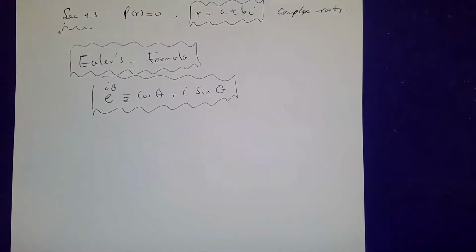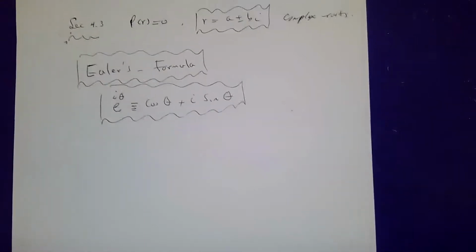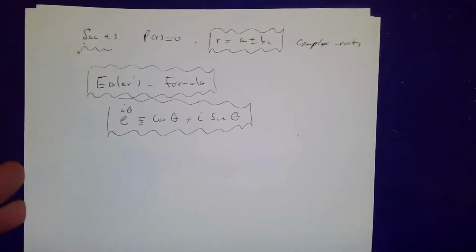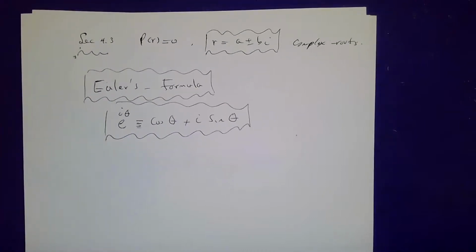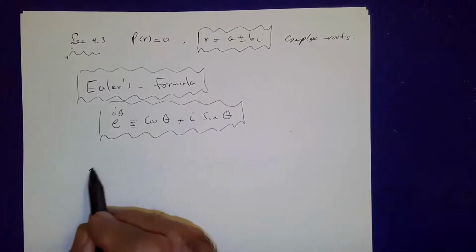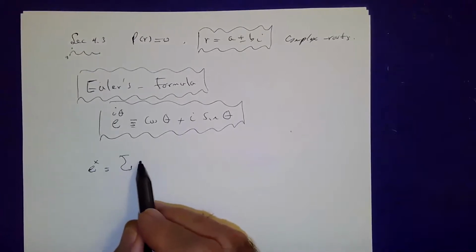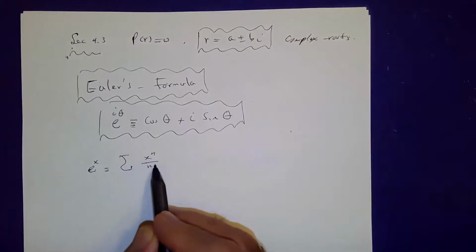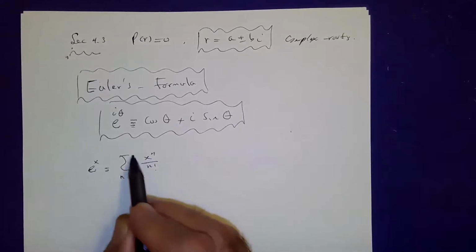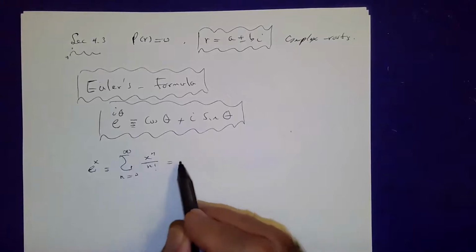If you don't mind, let me take you to Cal 2, your favorite topic. Power series. Remember the power series for e to the x was the summation of x to the n over n factorial, n goes from 0 to infinity.